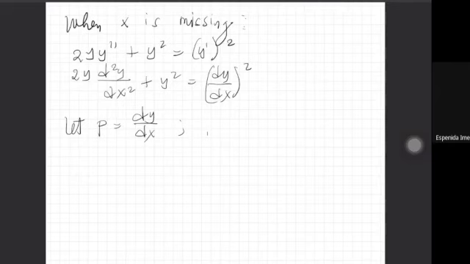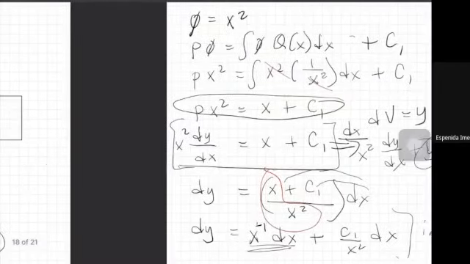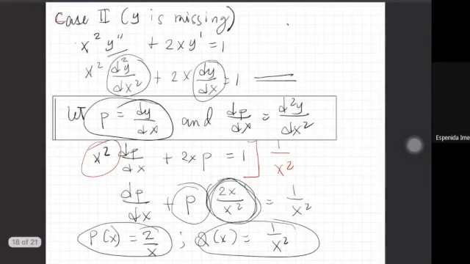You cannot simply say that the second derivative of y with respect to x is equal to dp/dx. No, you cannot do that because you don't have an x variable. So you cannot use this. Unlike the first case, when the y variable is missing, we equated the second derivative of y with respect to x to dp/dx.